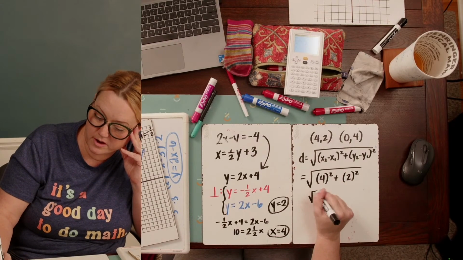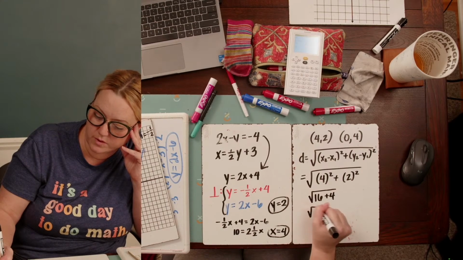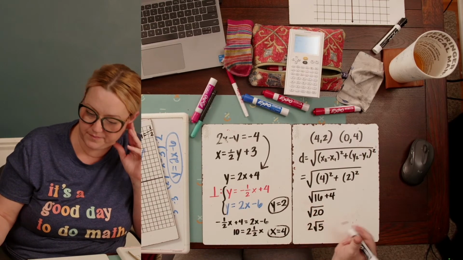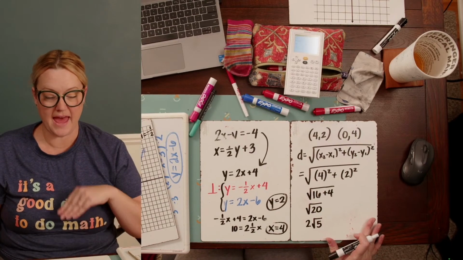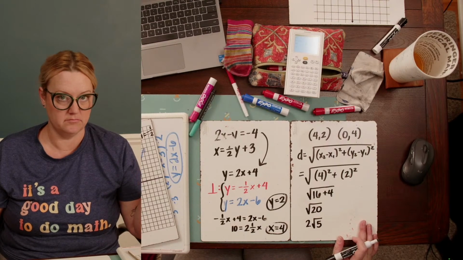So we've got square root of 16 plus 4, so we've got square root of 20, which is 2 root 5. Okay, so that is how you would do this without graphing it.